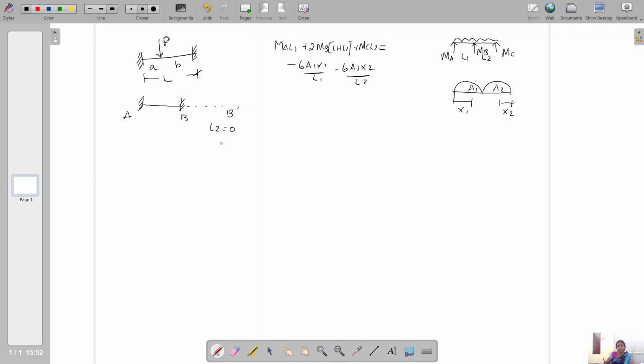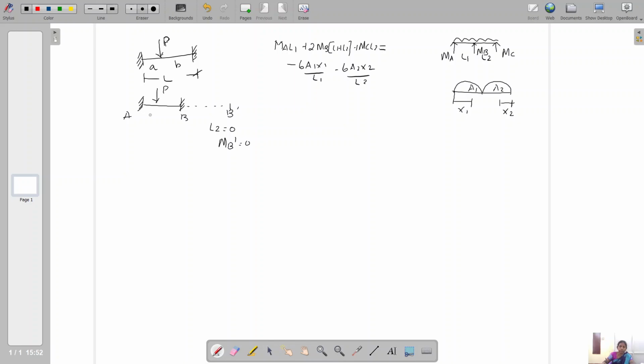Consider L2 as 0 as well as MB dash equal to 0 because it is an imaginary point. By using these three conditions, we can write the theorem of three moments equation for this system of loading.